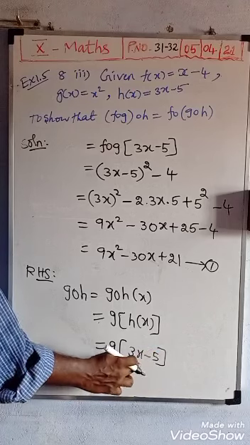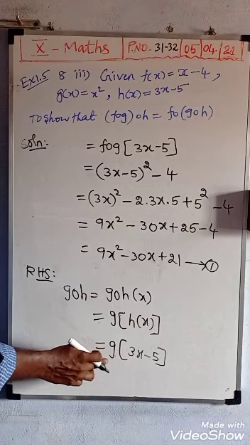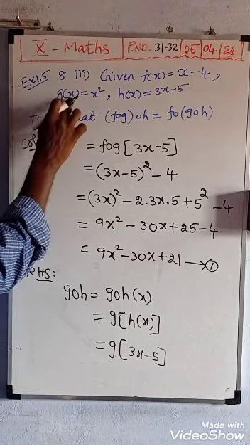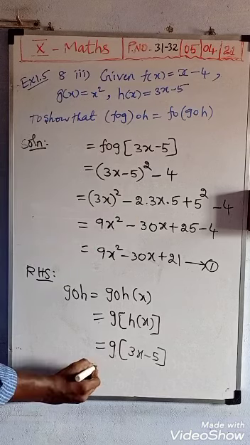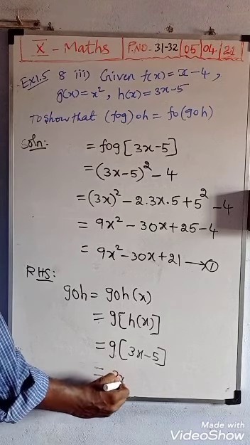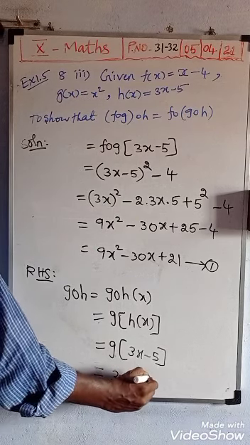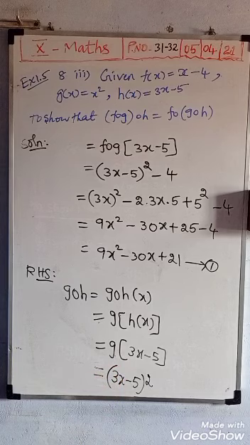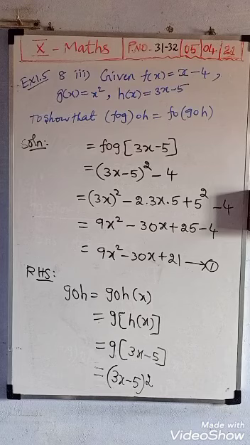Now, where do we want to substitute this 3x minus 5? In function g. Function g is x squared. So instead of x, you substitute (3x minus 5) the whole squared. Then these values we want to substitute.